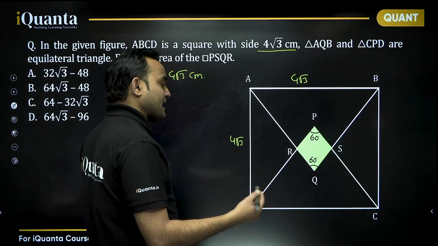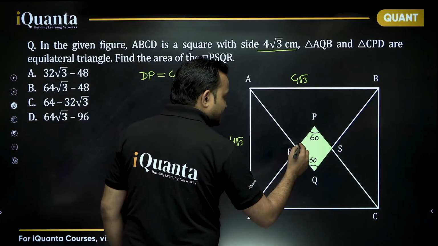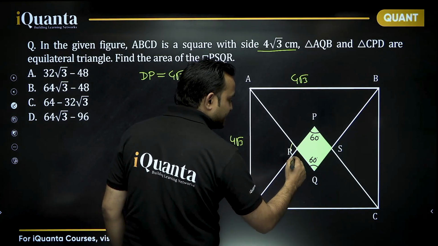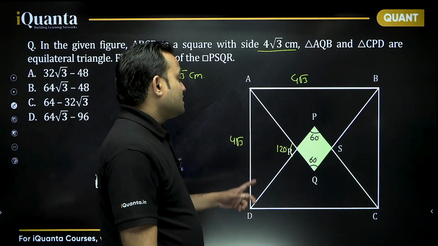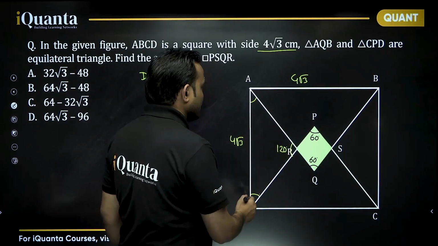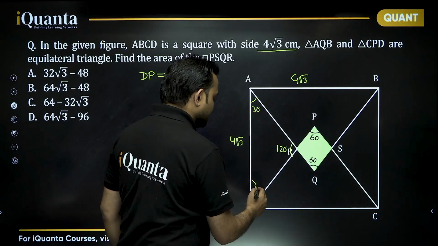Now, in any triangle, can we say that if this is 60, this is 60, this angle must be 120 degree. So the vertically opposite angle will also be 120 degree. And AR will be equal to RD. So these two angles will be 30 degree.